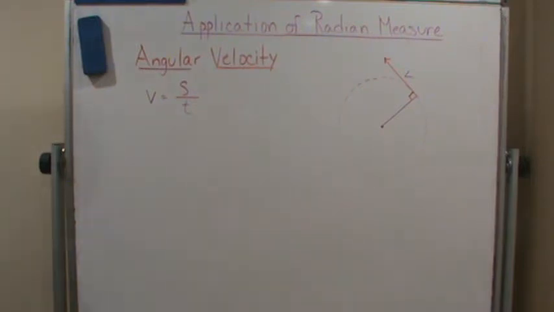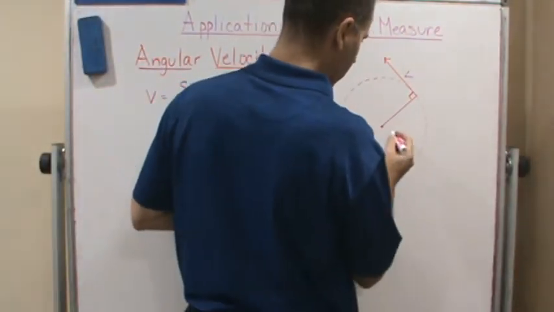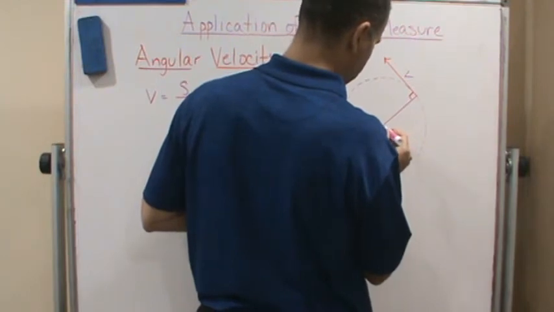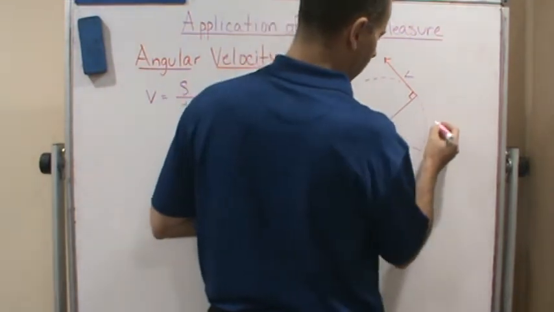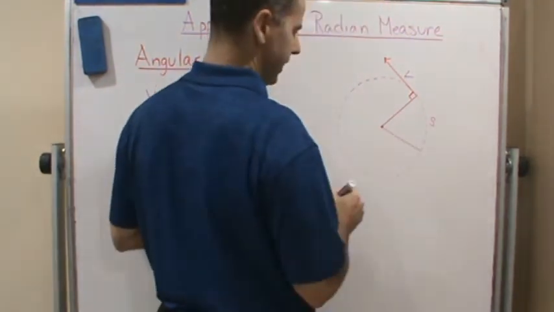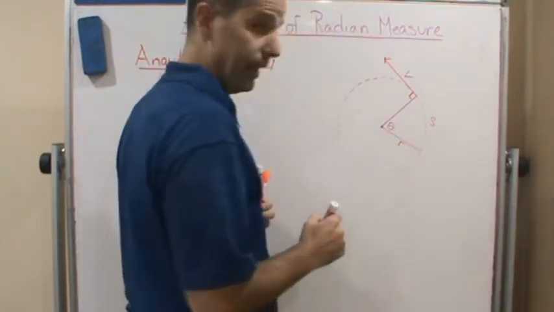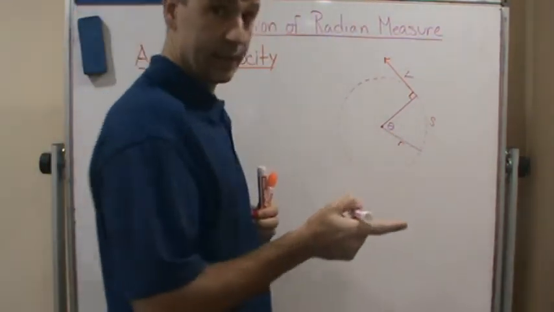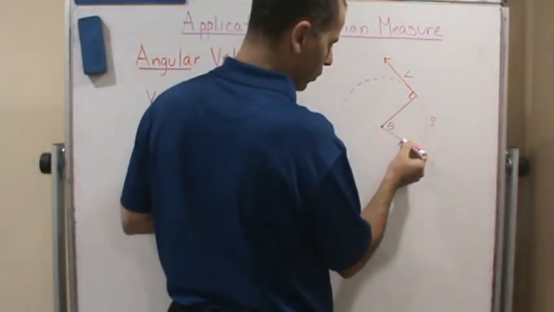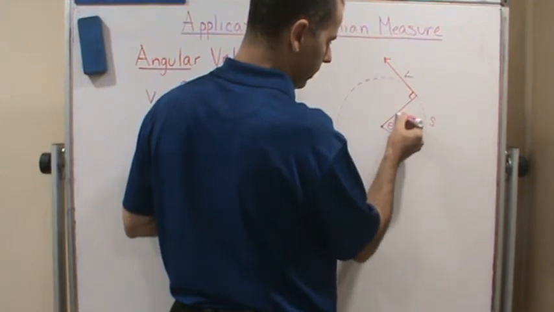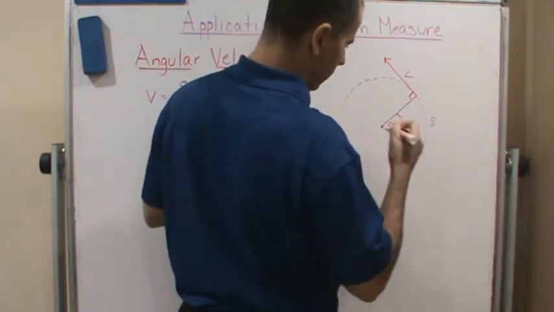Okay, so let's do an angle here. So there's s, here's r, and here's theta. Now the angular velocity is going to be how fast it is moving from here to here.